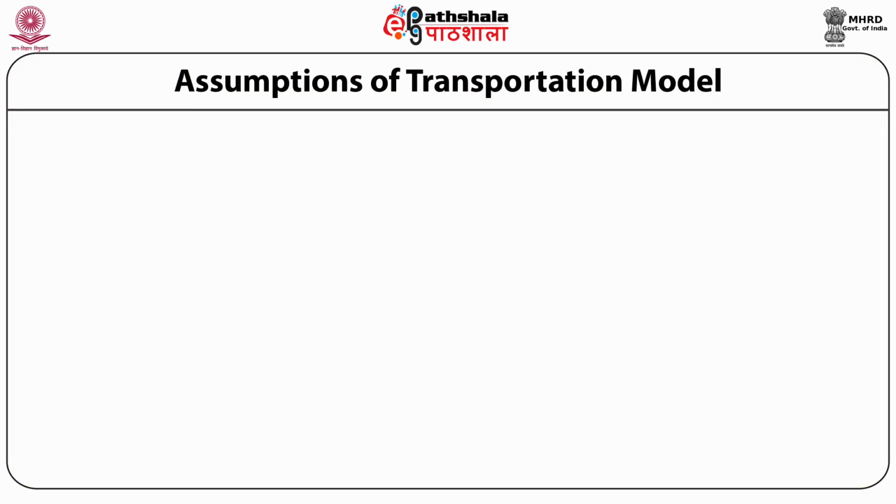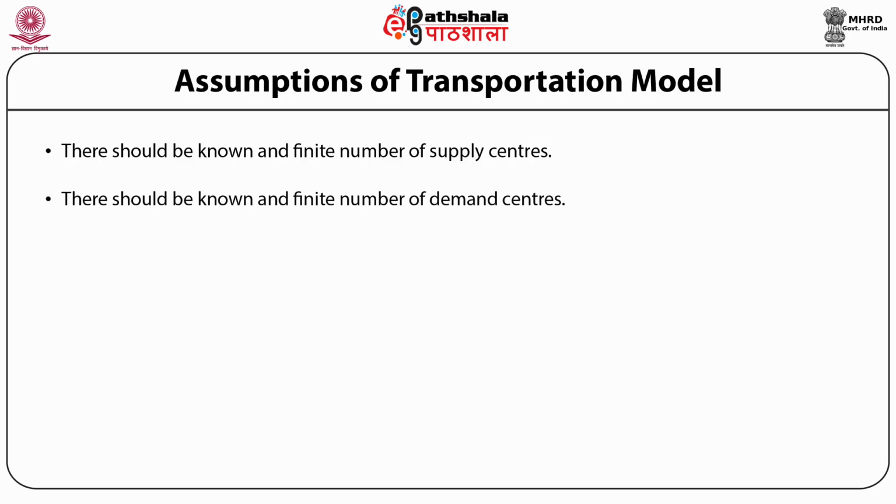The next method that was discussed is the transportation model, but this model can only be applied if the following assumptions are fulfilled. The first assumption is that there should be a known and finite number of supply centers. Second, there should be a known and finite number of demand centers.